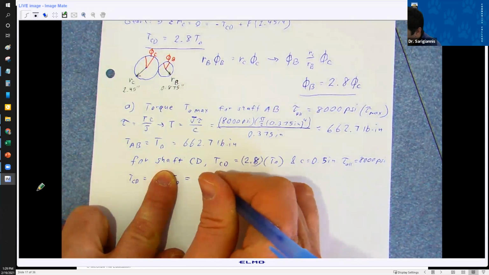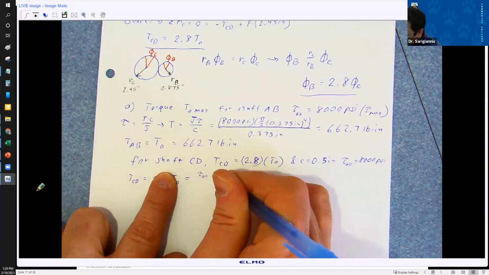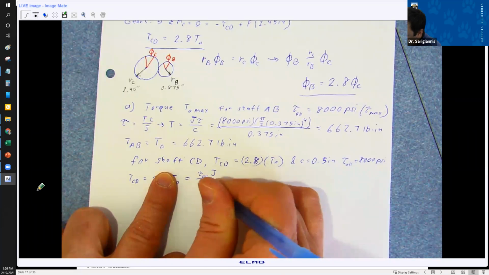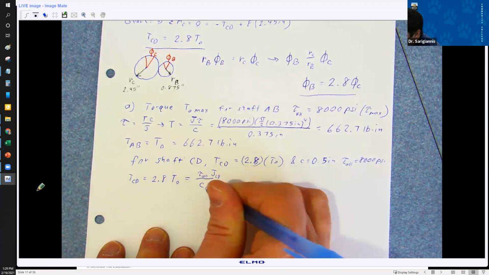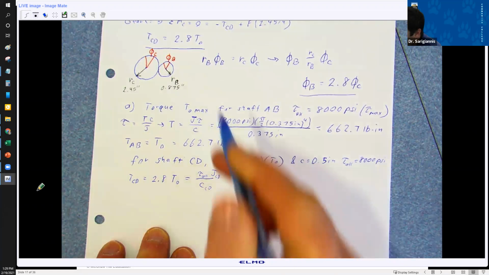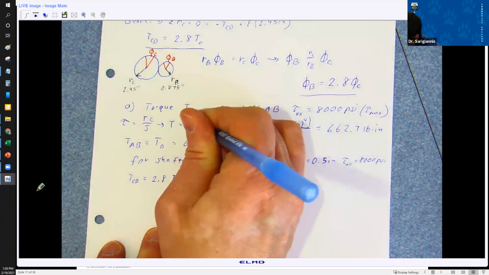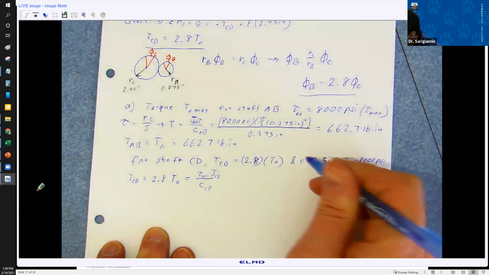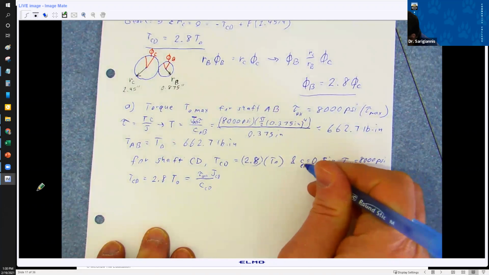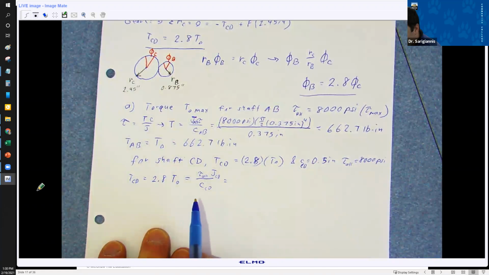So I'm going to write allowable shear stress, J, C. I'll call this CD, so you know. Up here, you can go in and rewrite it in if you want, AB. So I'm going to put those numbers in.